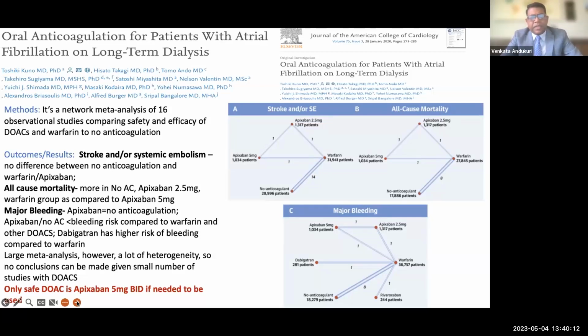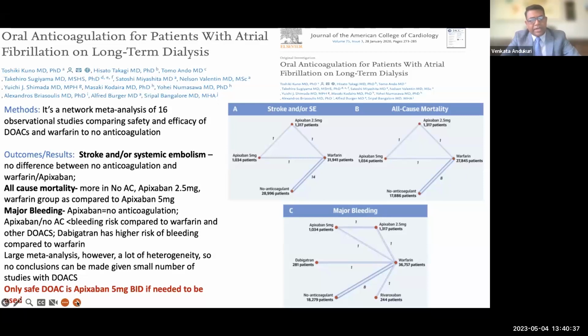The outcomes, as you can see, were stroke and/or systemic embolism, all-cause mortality, and major bleeding. There was no difference between no anticoagulation, warfarin, and apixaban in terms of stroke or systemic embolism.